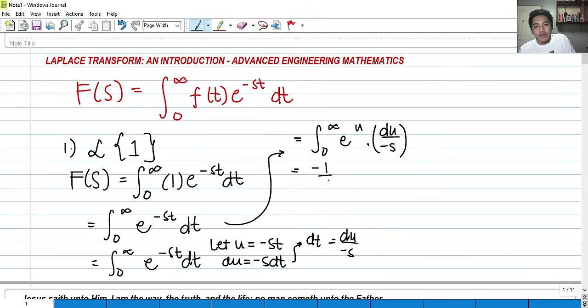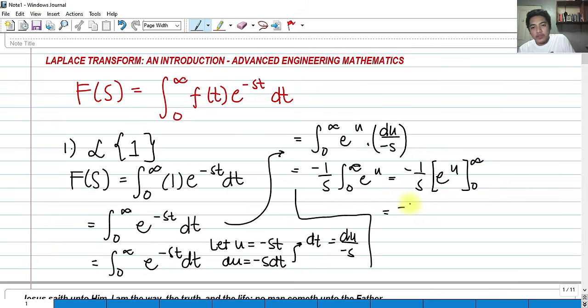So we have negative 1 over s times the integral from 0 to infinity of e raised to u. We know that the integral of e raised to u is simply e raised to u, evaluated from 0 to infinity. We need to back substitute the value of u, where u is equal to negative st. So this becomes e raised to negative st evaluated from 0 to infinity.